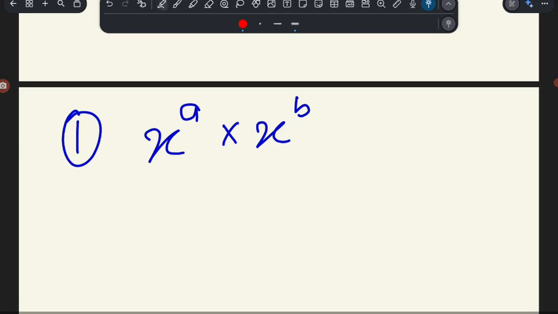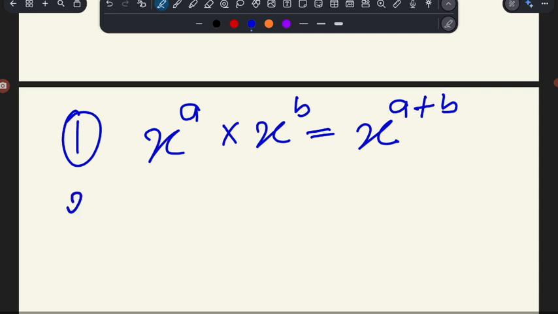The law says that anytime the bases are equal and it is multiplication, you add the indices together.